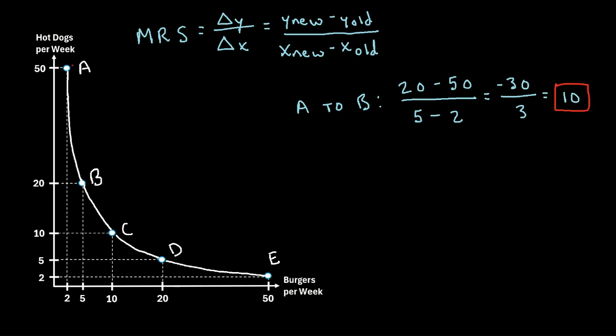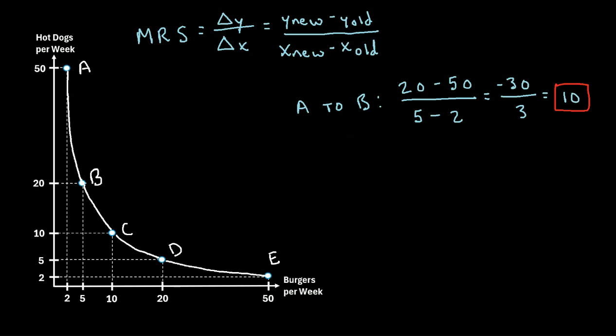Well, it means as we move from point A to point B on the indifference curve, we are willing to give up 10 hot dogs to gain each additional unit of burgers. When we did this calculation, we saw that we gave up a total of 30 hot dogs and we gained 3 additional burgers. So for each additional burger that we gained, we were willing to give up 10 hot dogs. That's the marginal rate of substitution at that point on the indifference curve.